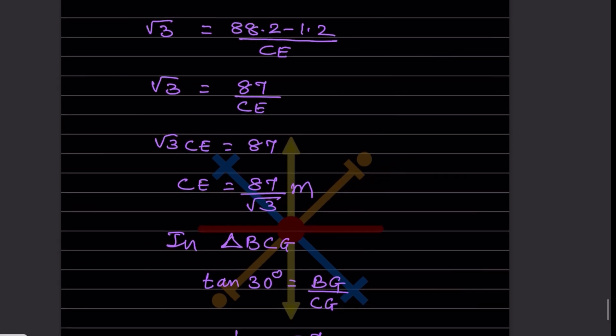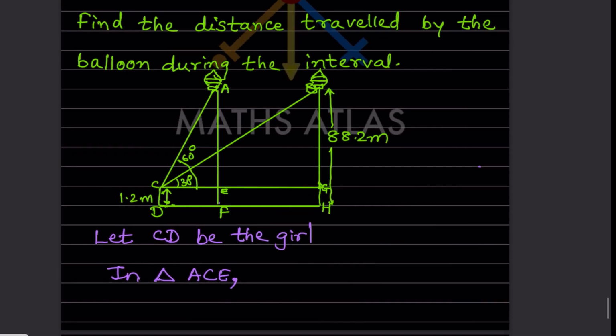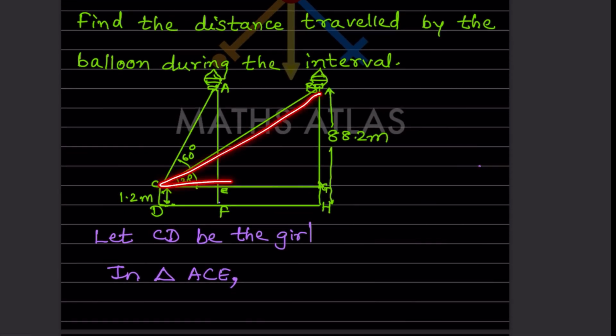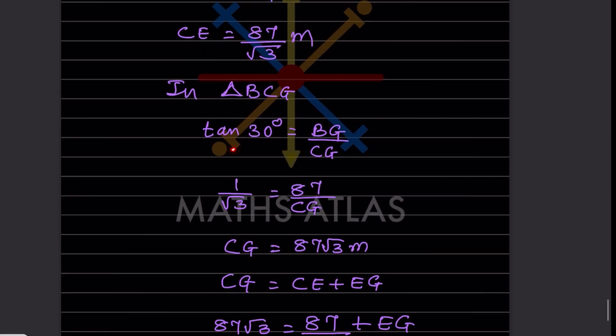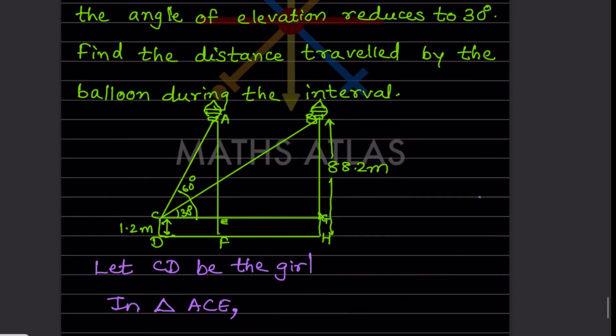Then we'll see the next triangle, that is triangle BCG. So here B, C and G, this triangle now we are going to look at. The angle here is 30 degree. So now what will you take? tan 30 is BG by CG. Here can you see, this BG is the opposite side, so BG will be here, and CG we take this whole part, that is the adjacent side.